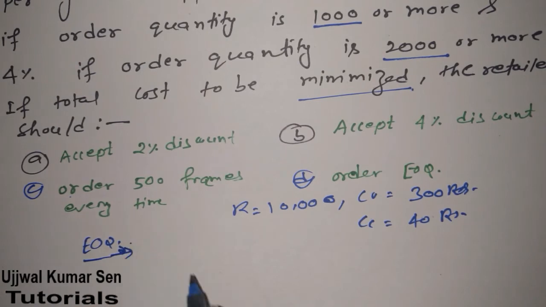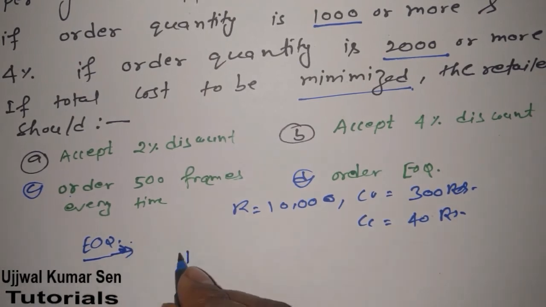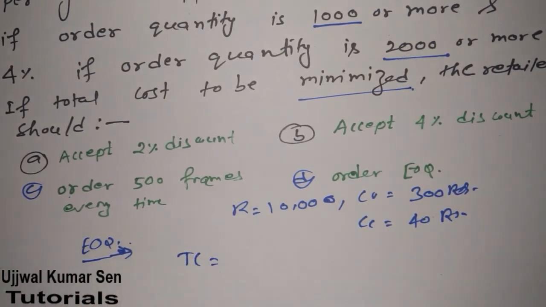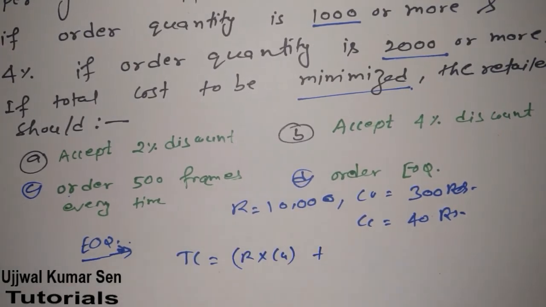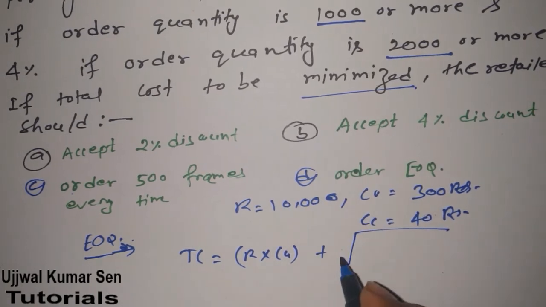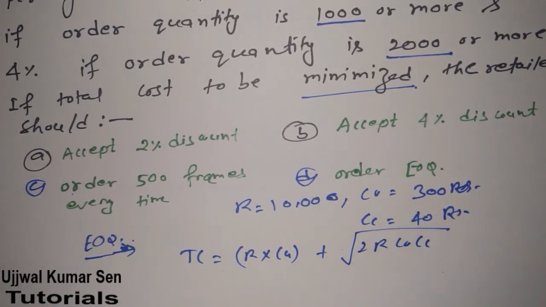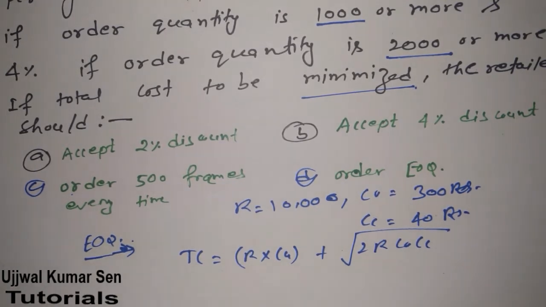For this, at EOQ, we have a formula: total cost is equal to R multiplied by CU plus root under 2 R C naught CC. Remember that this formula is only valid for EOQ, not any other options.